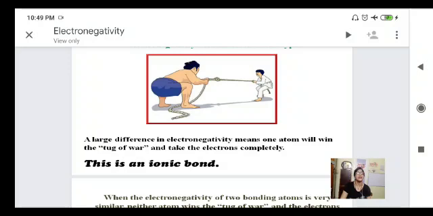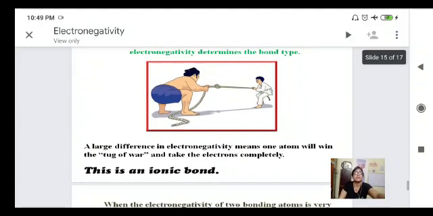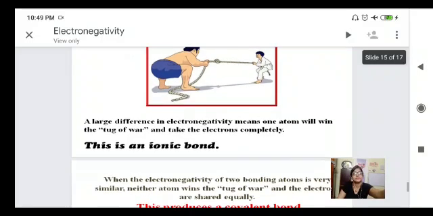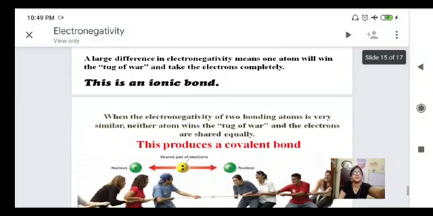The rope represents the bond and the knot represents the electron pair, which will be shifted more towards the obese person, that is, the more electronegative atom. Obviously, this would be an ionic bond.